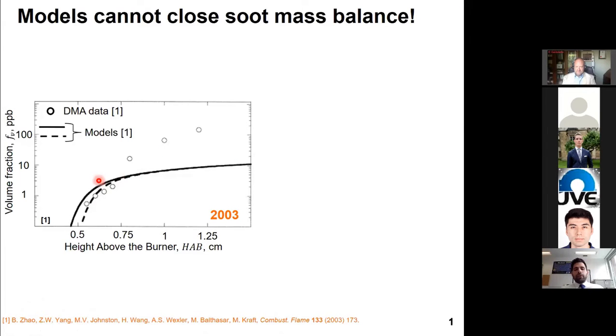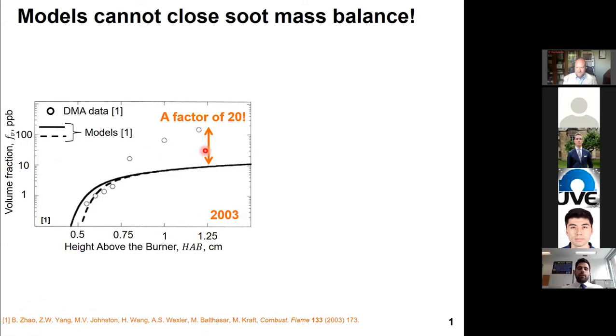So, for example, here you can see the soot volume fraction that has been obtained only from mobility size distribution data in a premixed ethylene flame. So this volume fraction is up to 20 times larger than the volume fractions obtained by combustion models published back in 2003.